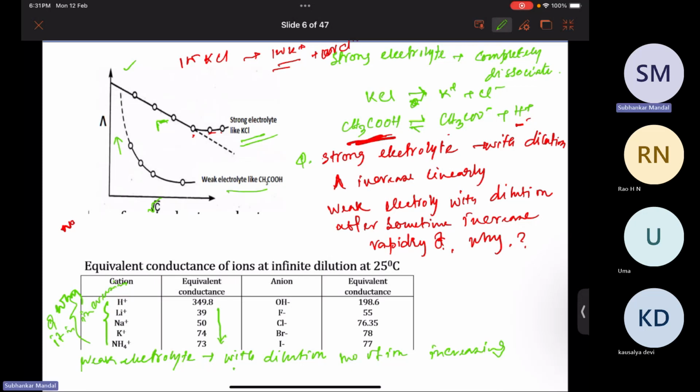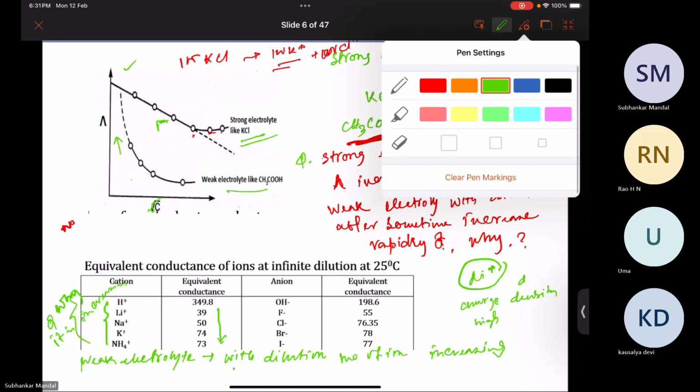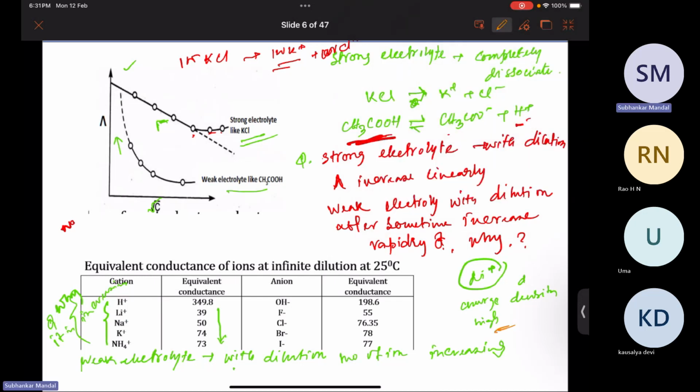There is another factor, which applies in aqueous solution. Lithium is a smaller ion, which means the charge density is high. If the charge density is high, it will be highly hydrated with water molecules.